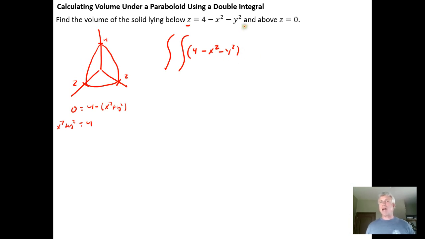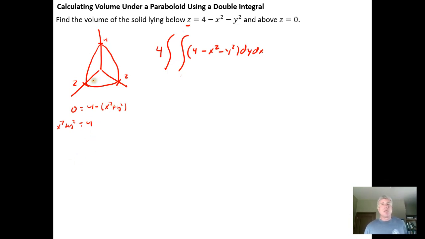It isn't going to matter for this one. I'm going to go ahead and do dy dx, which means we need to get those upper and lower bounds of integration, and then we're going to need to multiply this integral by 4 because we're only going to calculate the volume in octant 1 and then quadruple it. So taking advantage of the symmetry of the paraboloid with respect to the z-axis.